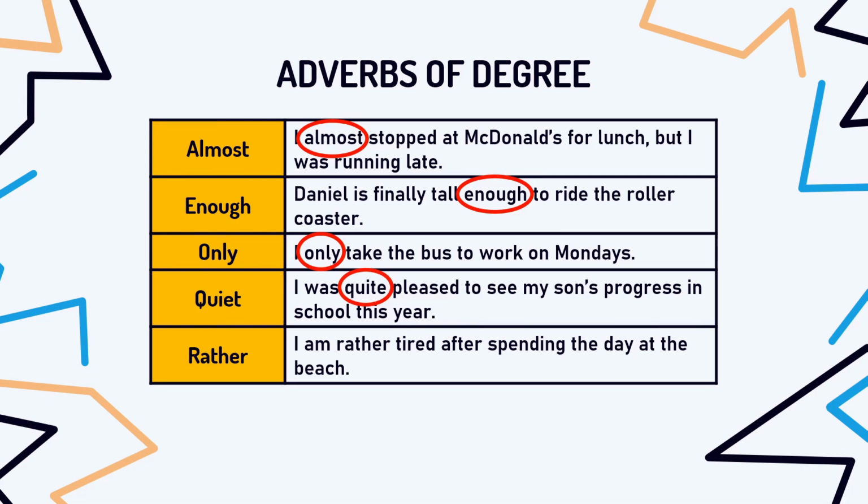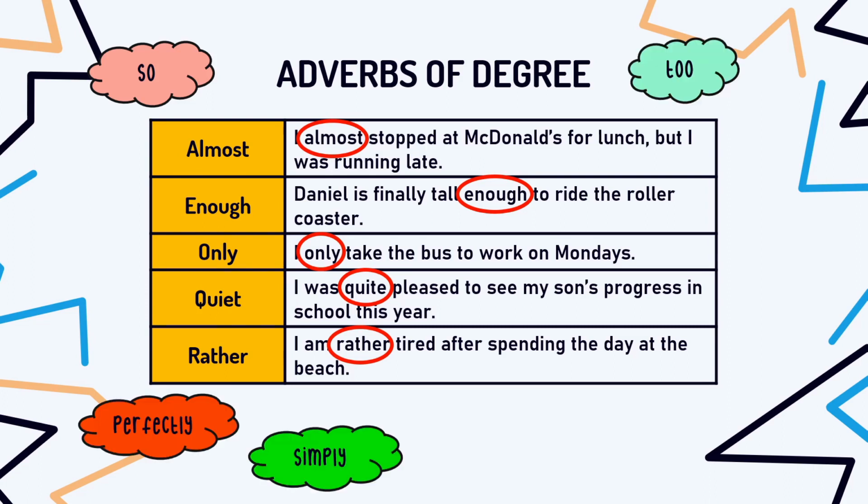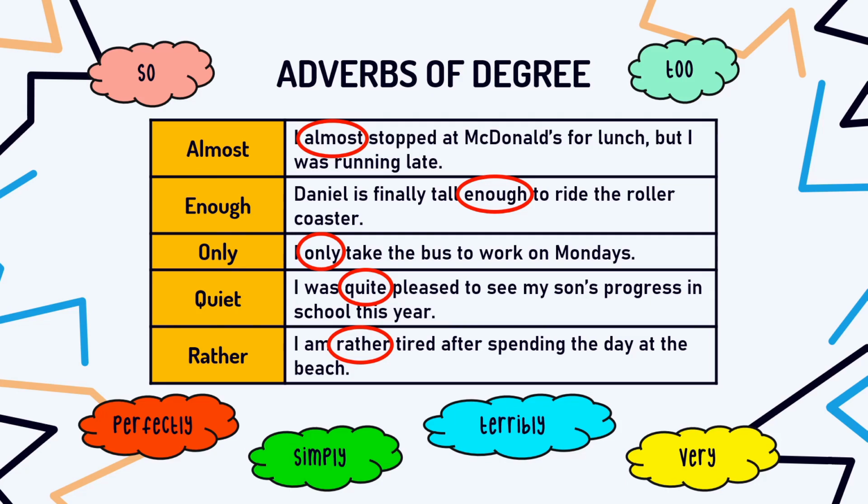And lastly, I am rather tired after spending the day at the beach. Rather tired. Other adverbs of degree are such as so, too, perfectly, simply, terribly, as well as very.